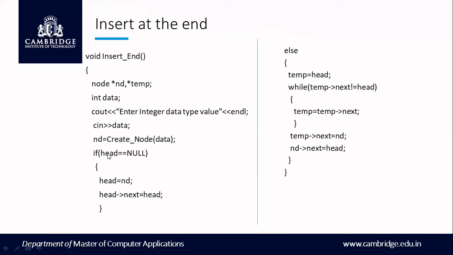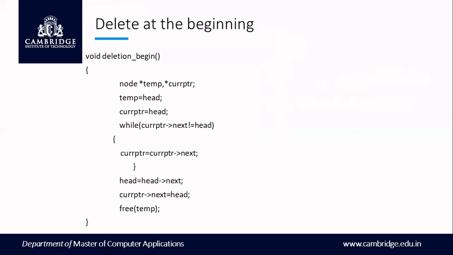Next, I am checking if head equals null. Then head is made as the new node, and head's next is pointing towards the head. Else, this temp will be treated as the new last node and its pointer will be pointed to the head. And this is the logic for inserting the node at the end.